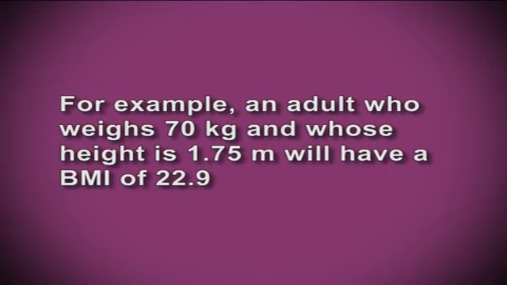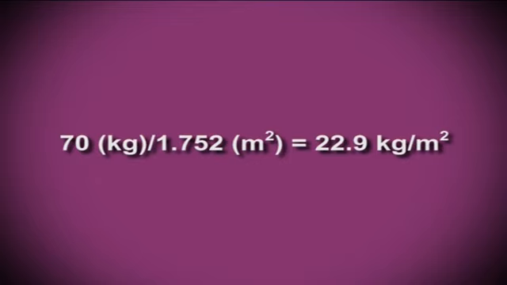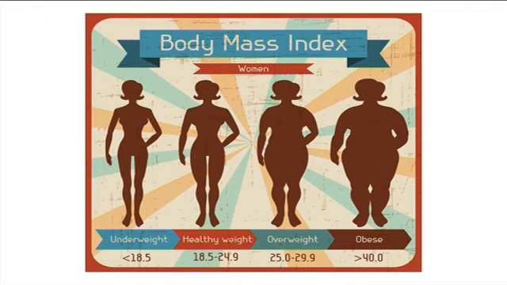For example, an adult man who weighs 70 kg and whose height is 1.75 meters will have a BMI of 22.9, that is 70 kg divided by 1.75 into 1.75, which will give a value of 22.9 kg per meter square. The BMI ranges are based on the effect of excessive body fat causing disease and death.